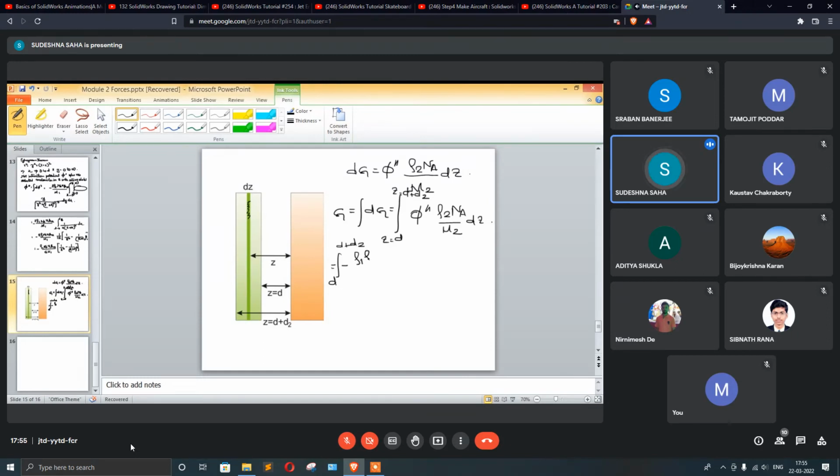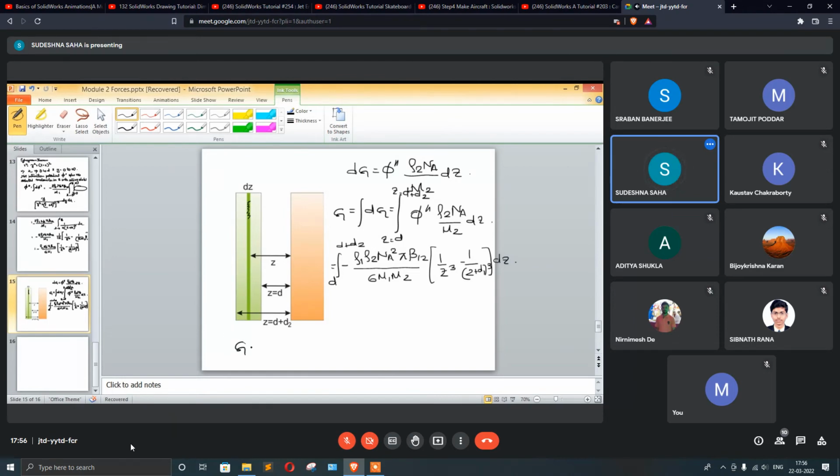So this will equal rho 1 rho 2 Na square, I am just putting the value of phi double prime over here, then pi beta 12 divided by 6 m1 m2 into 1 by z cube minus 1 divided by z plus d1 cube into dz.